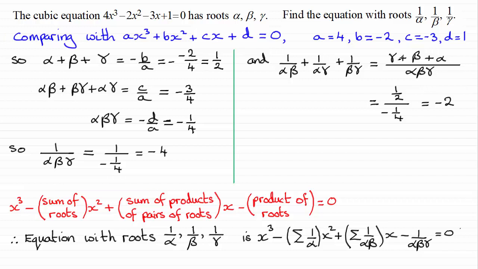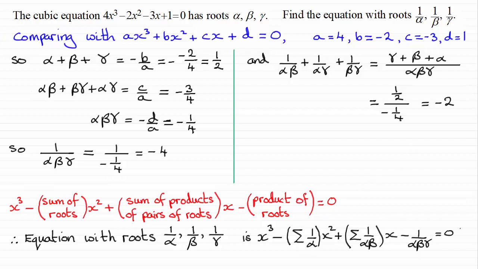And we can now substitute our values in for the sum of the roots. We know from up here it was a half. We know the product alpha beta gamma was minus 1/4, so putting those values in turns out to be minus 2.